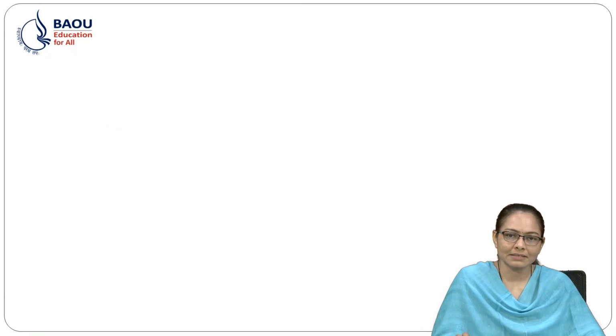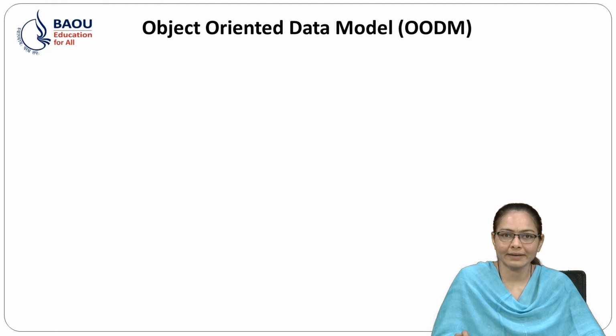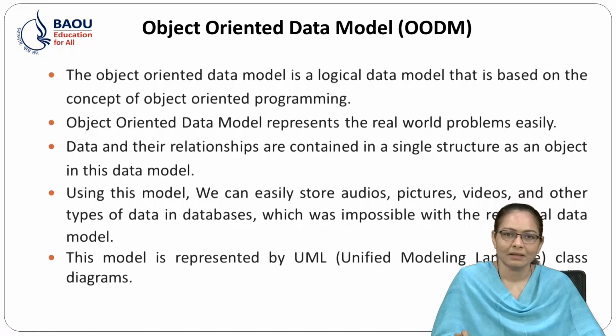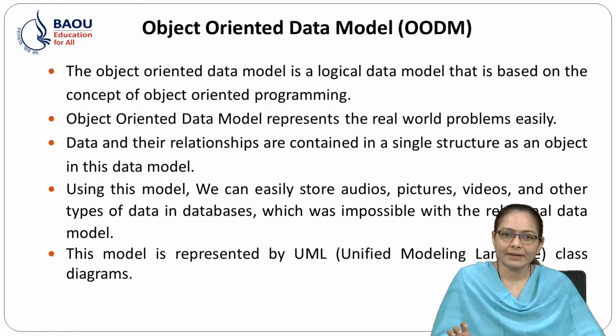Now the next is the object oriented data model, called the OODM. The object oriented data model is a logical data model based on the concepts of object oriented programming like C++, Java, etc. It represents real world problems easily.